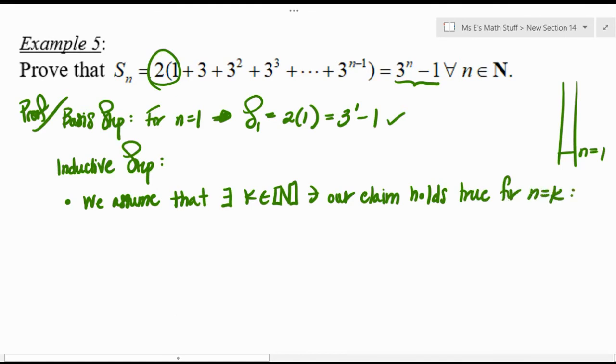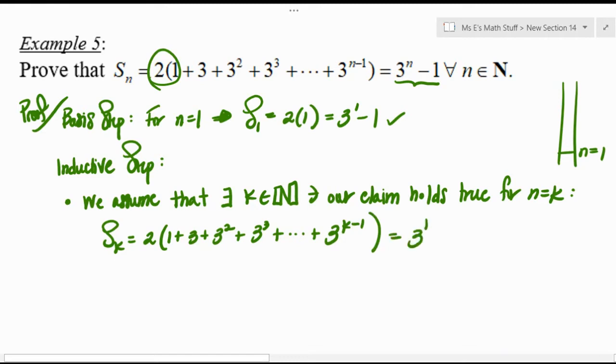So what would that look like? s sub k would be 2 times the quantity 1 plus 3 plus 3 squared, 3 cubed, all the way up to, and the kth term would be 3 to the k minus 1. And our claim is that that could be calculated as 3 to the k minus 1 instead.